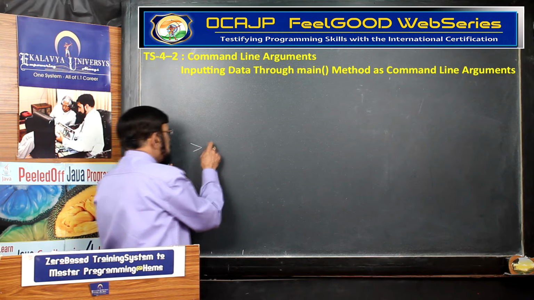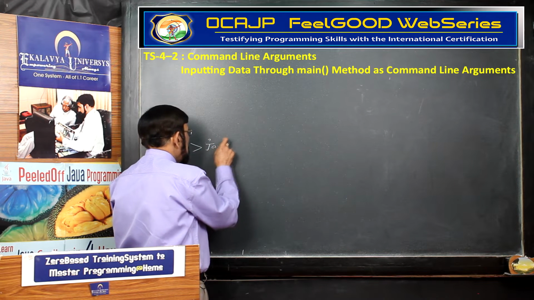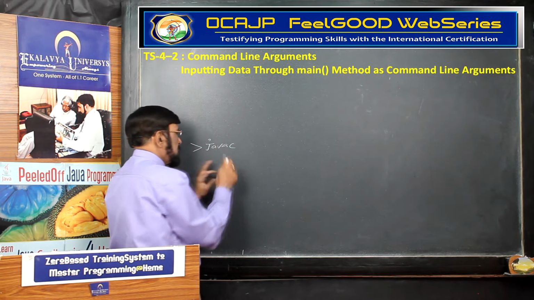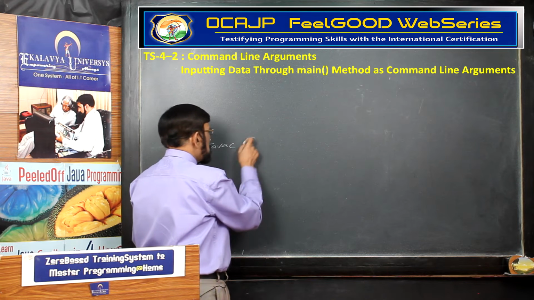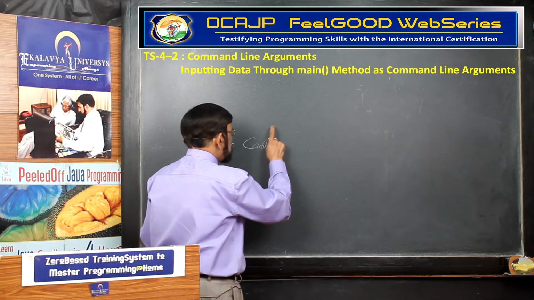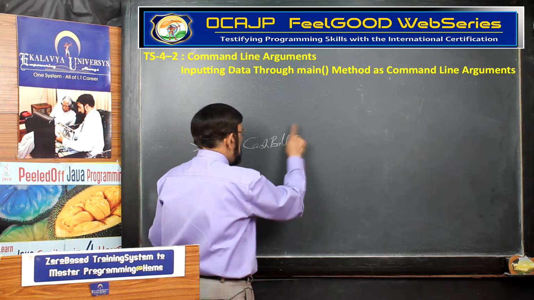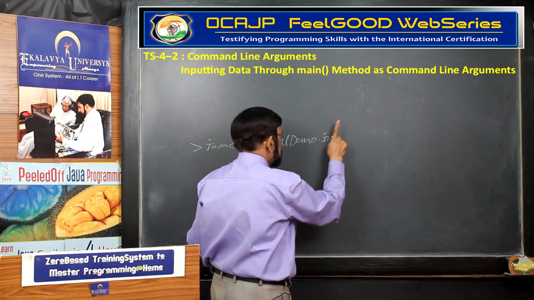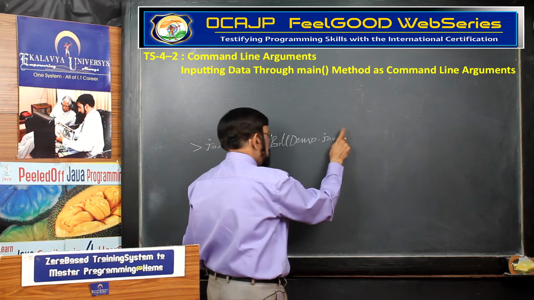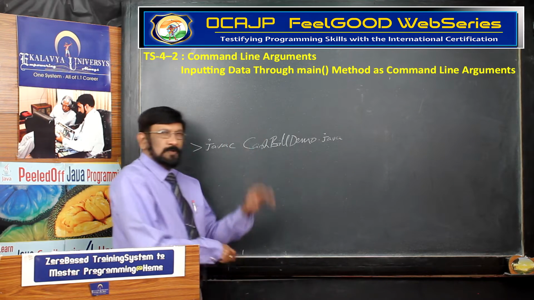For this purpose, what do you do? Java, a Java compiler. First, you take up the compilation process. What is our program's name? CashBillDemo.java. You must write .java because it is a Java program and it is a source code.